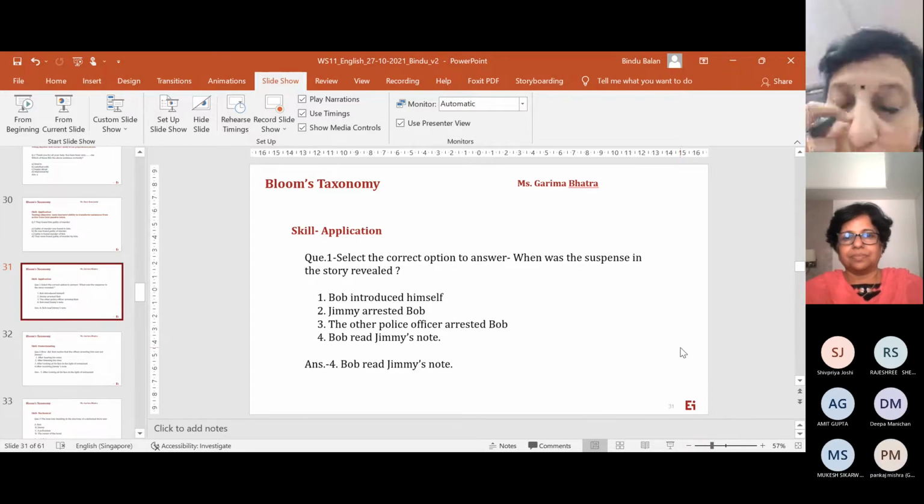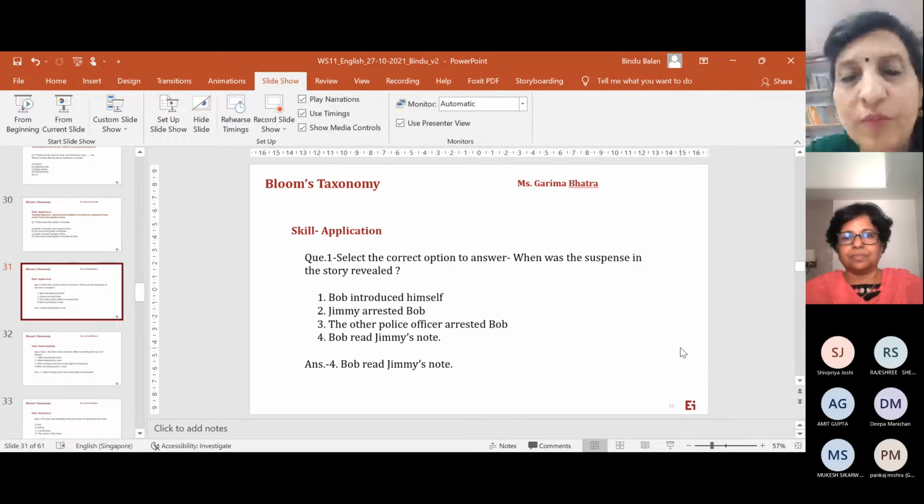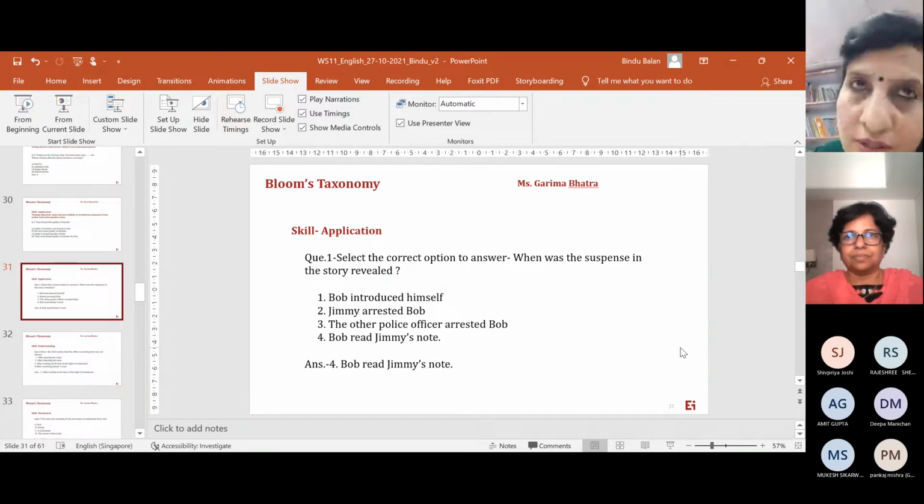So here only the suspense was revealed that, okay, Jimmy was fulfilling his duty. Because of that, a student needs to understand the whole situation. And because of that reason, I kept it under application, because a student has to not only understand the situation, but also has to think over it.